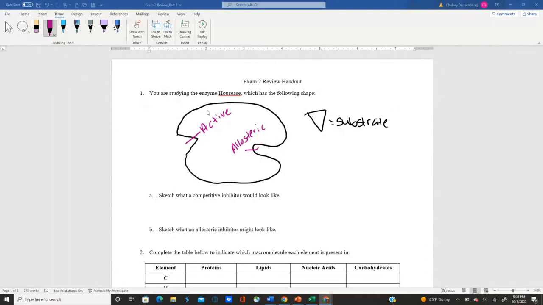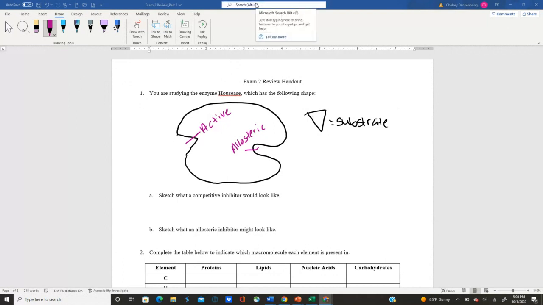Good. Competitive inhibition means there's an actual competition with respect to the enzyme. The only place worth competing for is the active site, because that's where the reaction happens. So any competitive inhibitor is also going to have to mimic the shape of the active site.